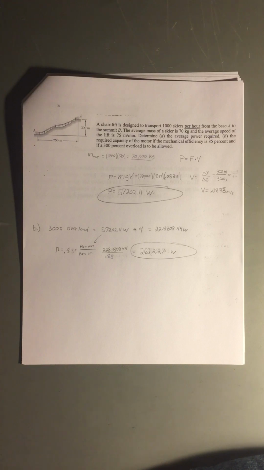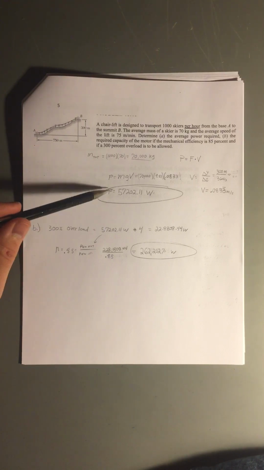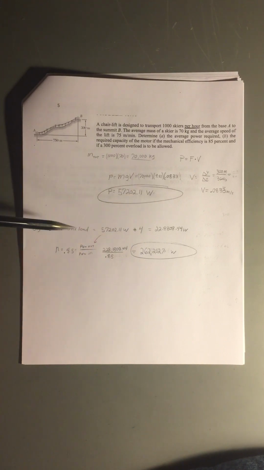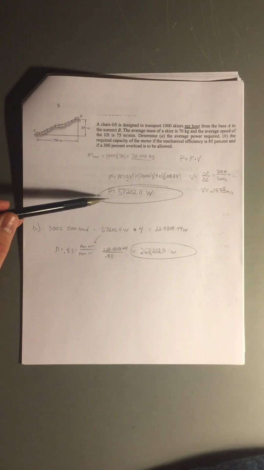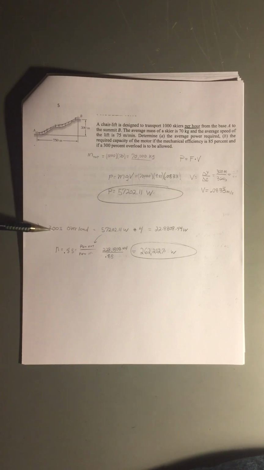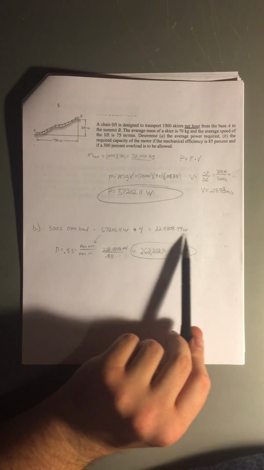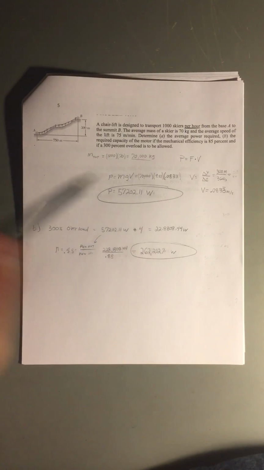And so it would be 3 times this is our 300% overload plus the original, or basically 4 times our original power that we calculated here will give us our 300% overload. And so this is what we get for our new power, calculating that.